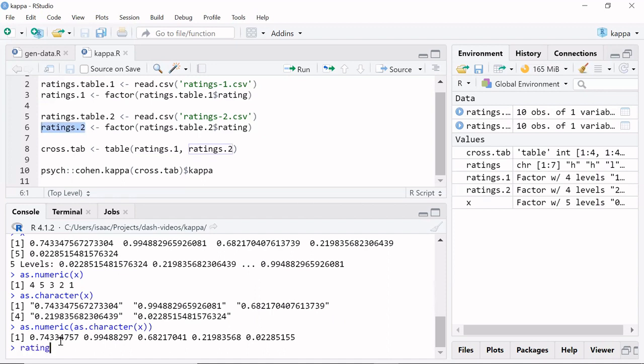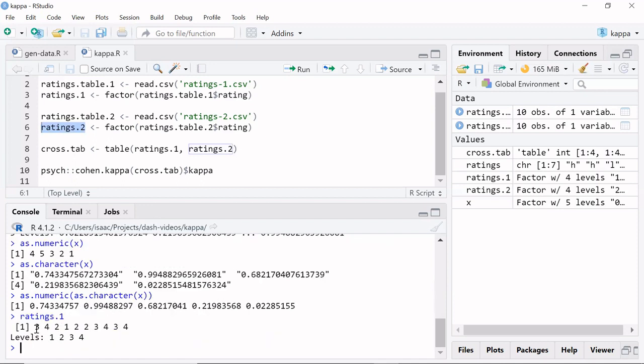So ratings 1 is a set of ratings where the judge only used levels 1 to 4.